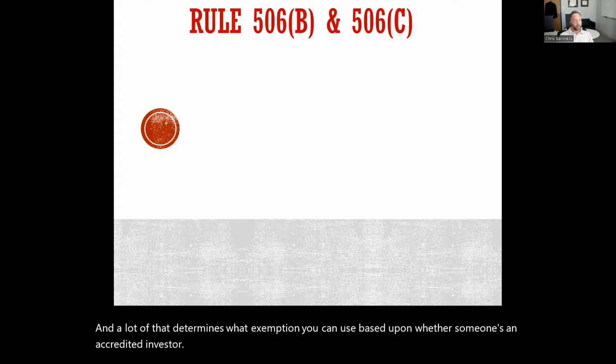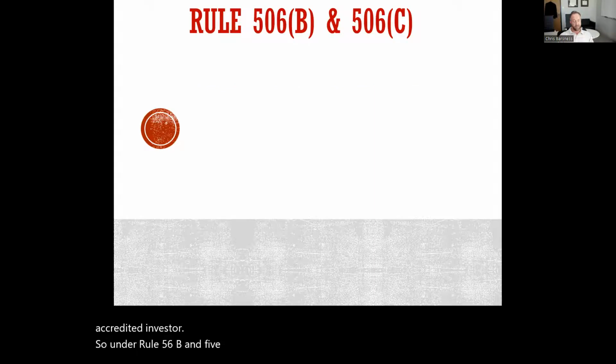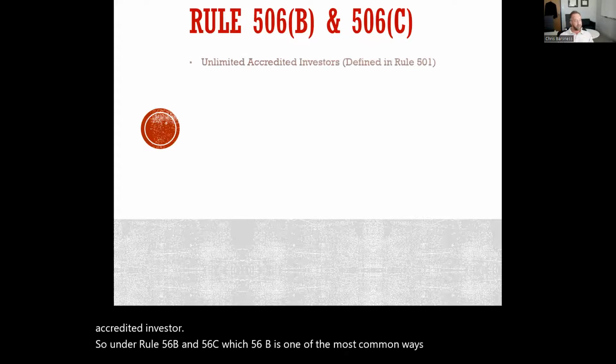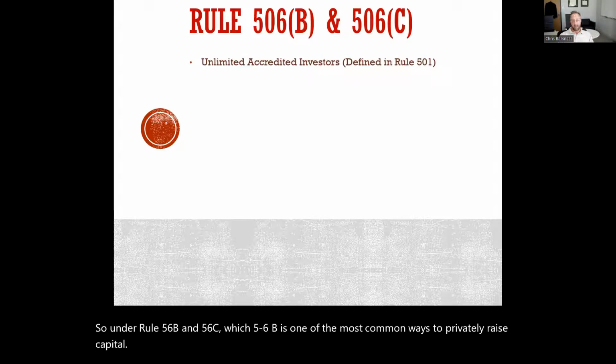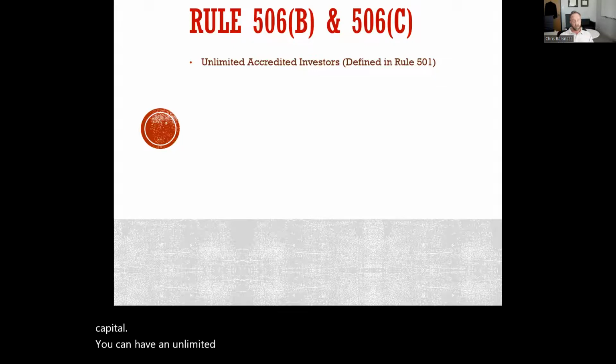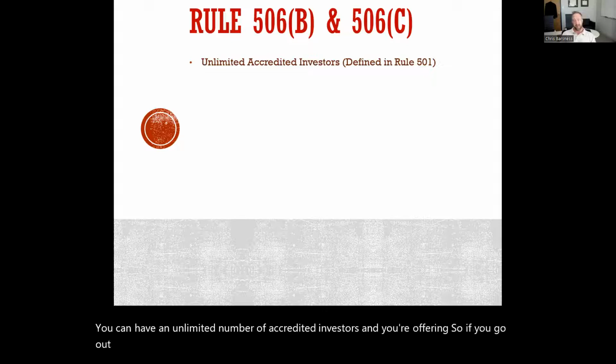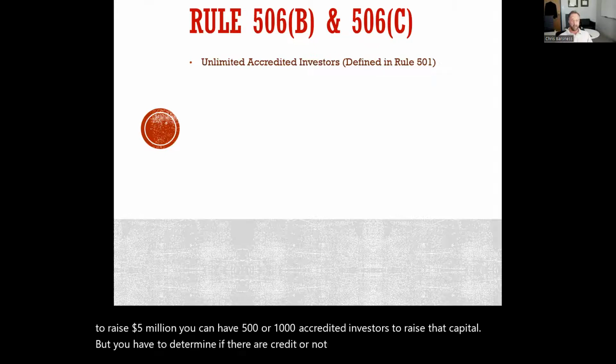So under Rule 506(b) and 506(c), where 506(b) is one of the most common ways to privately raise capital, you can have an unlimited number of accredited investors in your offering. So if you go out to raise $5 million, you can have 500 or 1,000 accredited investors to raise that capital, but you have to determine if they're accredited or not, which is defined in Rule 501.